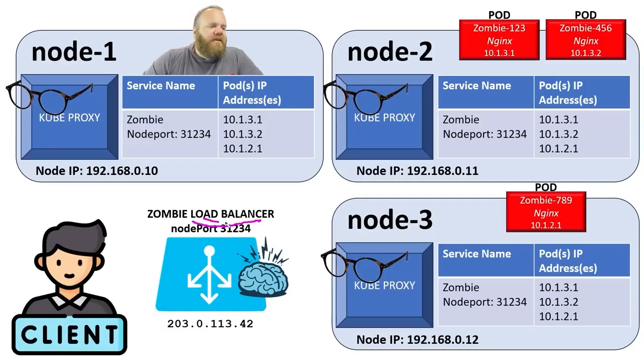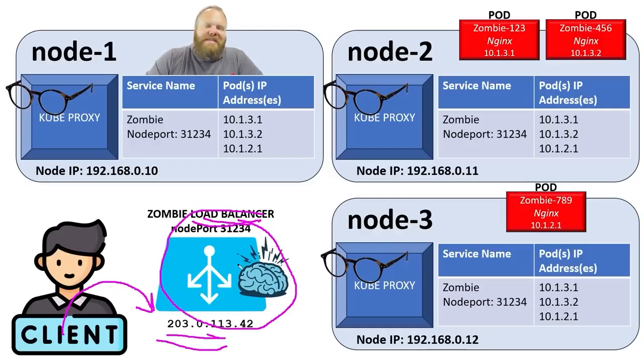But once you have a load balancer, what's nice about this is that your client can now go to that load balancer instead of going straight to one of your nodes inside of the cluster. And what the load balancer will do is that it'll say, all right, enough of this round robin stuff, which is not true load balancing.